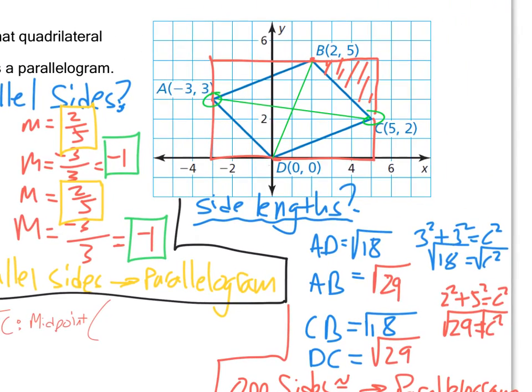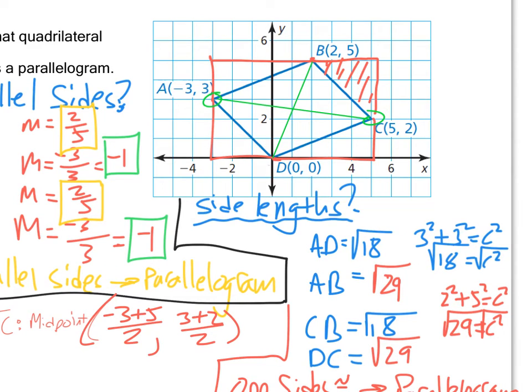The x's are -3 and 5. Let's average those x's: -3 plus 5 divided by 2. The y's are 3 and 2, so let's average those: 3 plus 2 divided by 2.